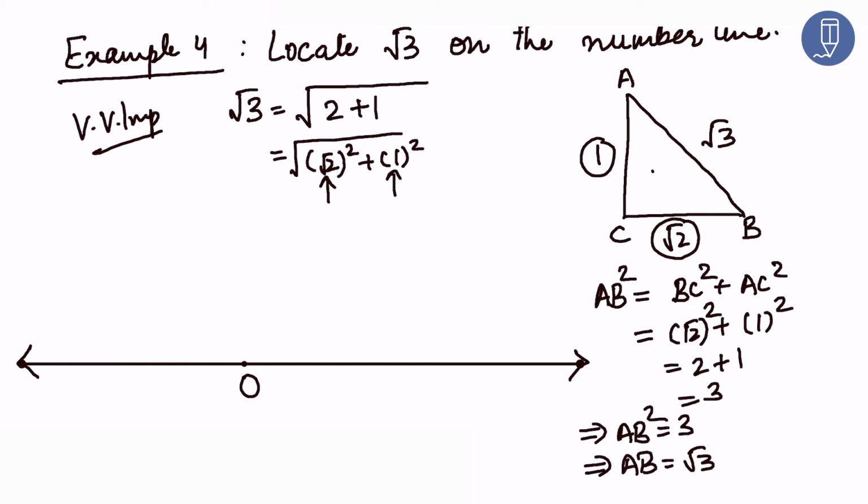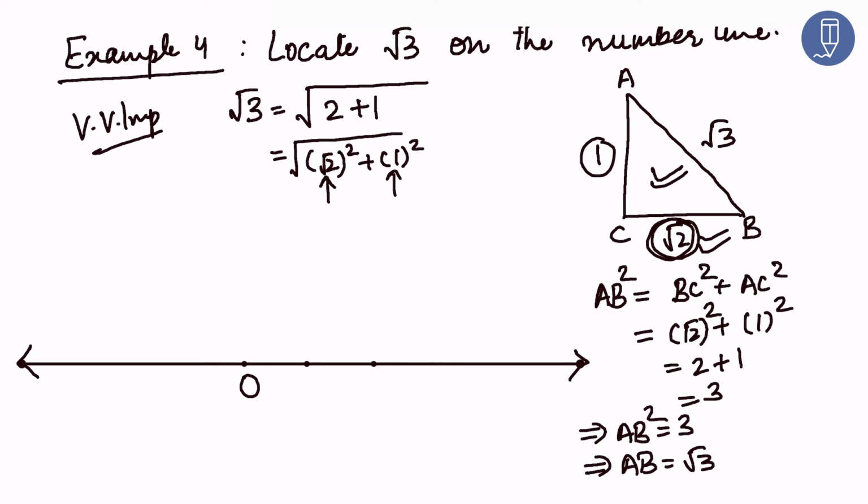Now we draw this right angle triangle on the number line. First, we'll make square root of 2 on the number line. We'll follow the same steps as we followed in example number 3, exactly the same. So let's start. We mark another point which is at a distance of 1 unit here.